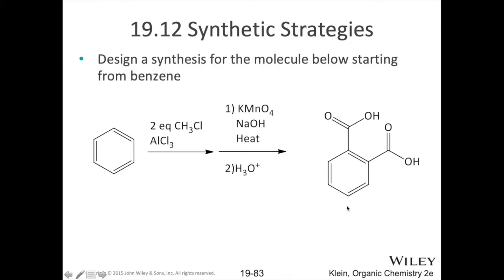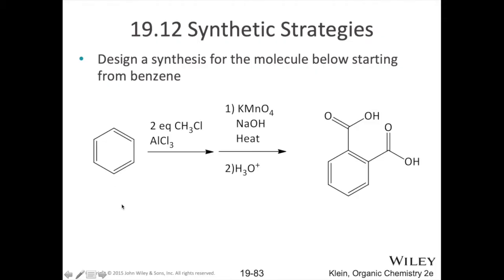We don't have another one here that's para. If anything, I would have thought the para product would be more likely, right? Even though methyl groups are relatively tiny, it still makes sense that you would probably get substitution at that para position.